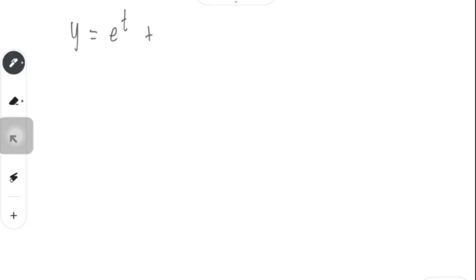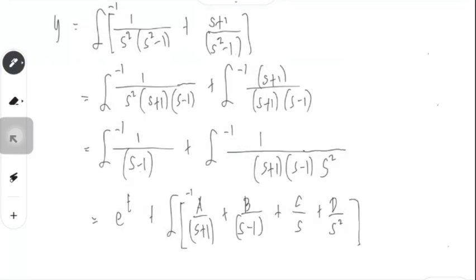Indicate ko yung value ng constant. If you're going to apply the partial fraction, you will find out that your A is equal to negative 1/2. Then your B is positive 1/2.